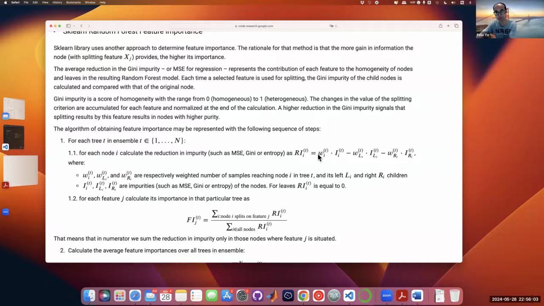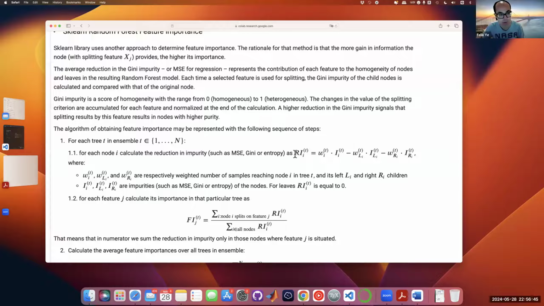This is the Gini impurity of the node right here, this is the Gini impurity of the left branch, and this is the Gini impurity of the right branch, each according to the weighted number of samples reaching the node. Li is the left child, or left branch, and Ri is the right branch.